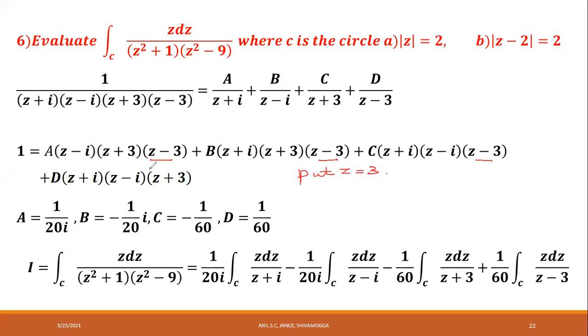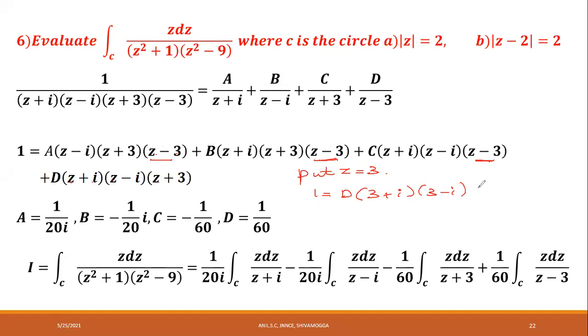When z is equal to 3, this expression becomes 3 minus 3, 0. Here also 3 minus 3, 0. Here also 3 minus 3, 0. And this becomes D into the value at z equal to 3: (3 plus i) into (3 minus i).